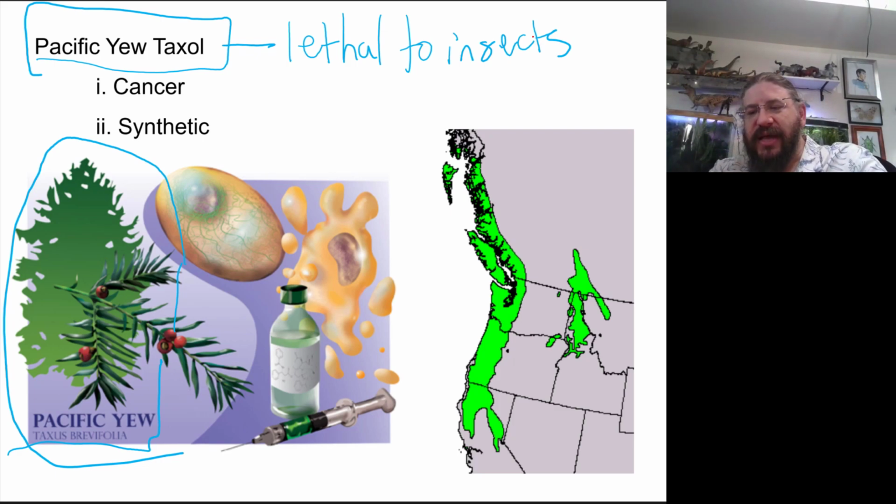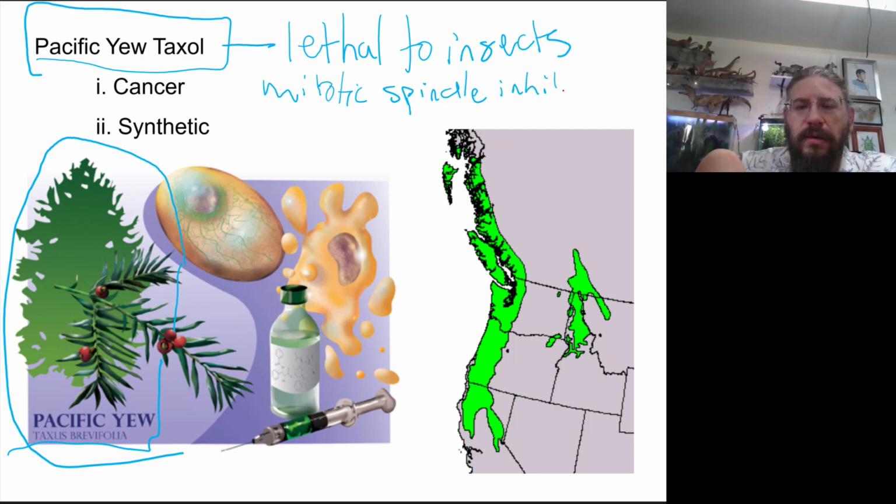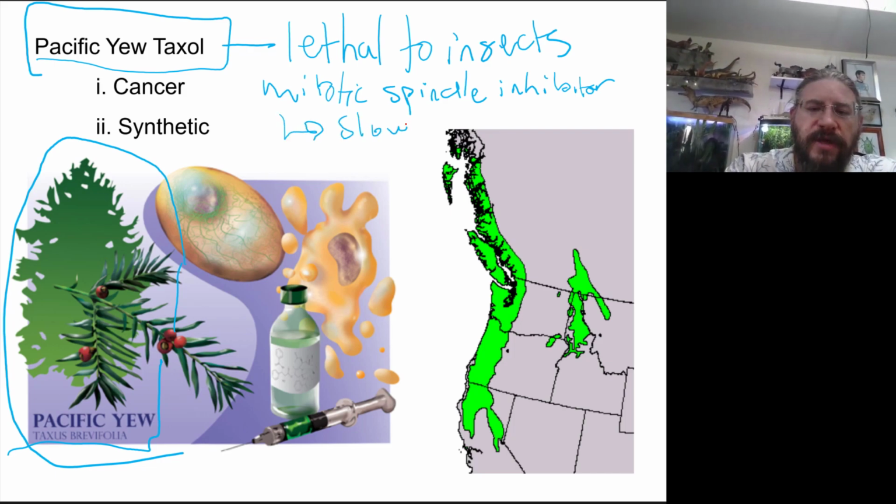But as it happens, it's a spindle inhibitor. And what's kind of fascinating is if you give it to someone with cancer, it slows and inhibits mitosis in cancer cells.